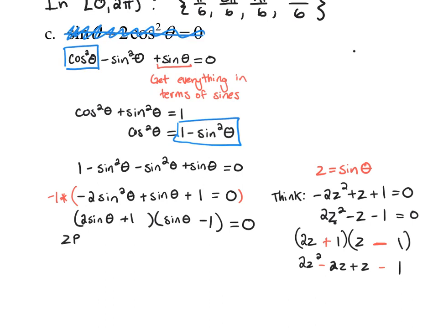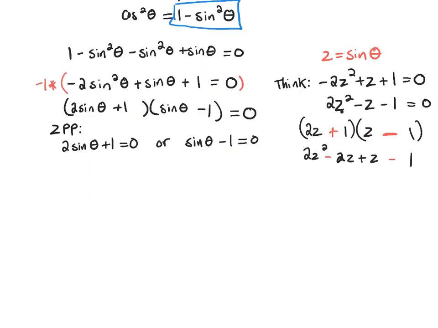Then I apply the zero product principle, which says 2 sine of theta plus 1 equals 0, or sine of theta minus 1 equals 0. This first one says the same thing as sine of theta is negative 1/2, and this one is the same as sine of theta equals positive 1.